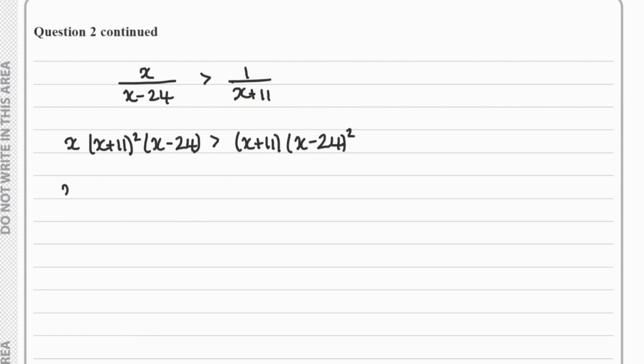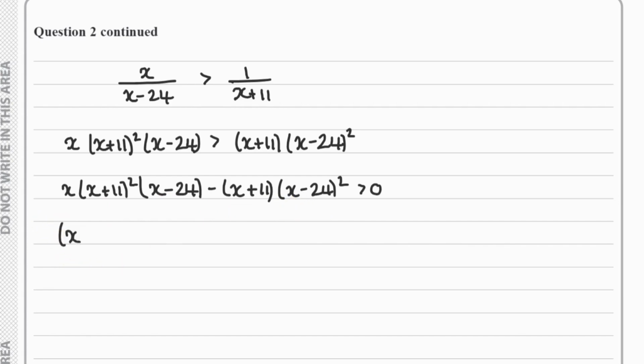Take it all over to one side. Now we're going to look to see what we can factorise out. There's an x plus 11 in both, and an x minus 24 in both, so let's take both of those out.